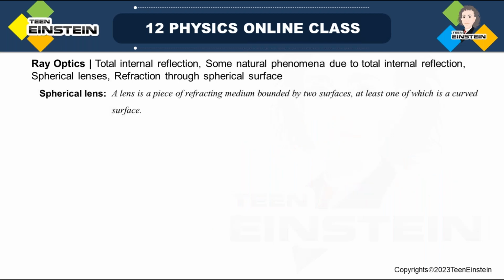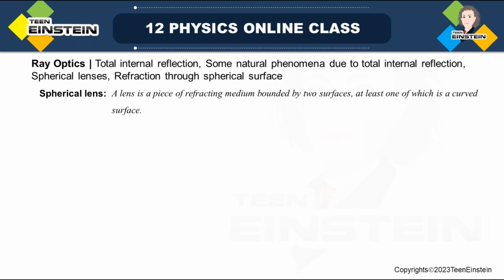So this is one thing. Now we'll just go to the spherical lenses. We have seen spherical mirrors. In that case, we have already learned a few terms like focus, principal axis, object distance, image distance.